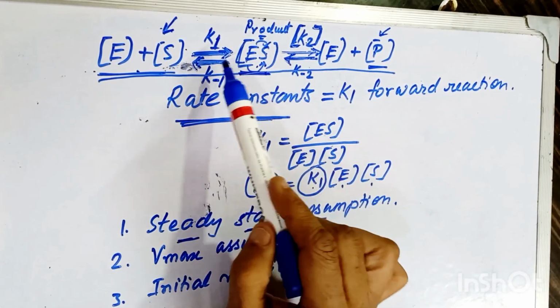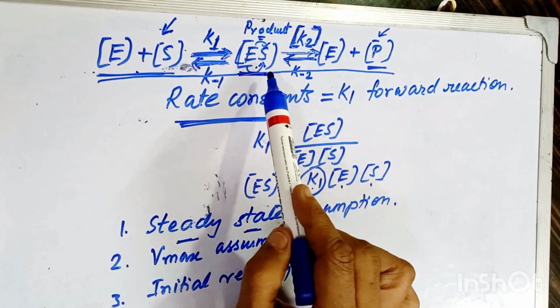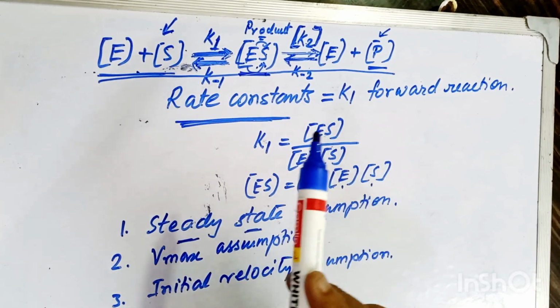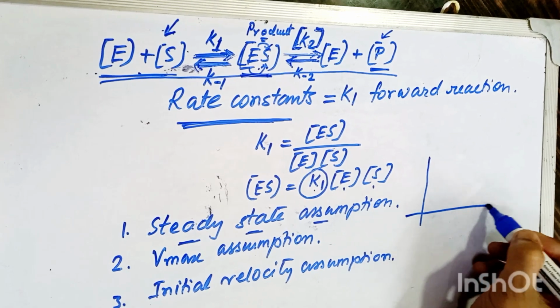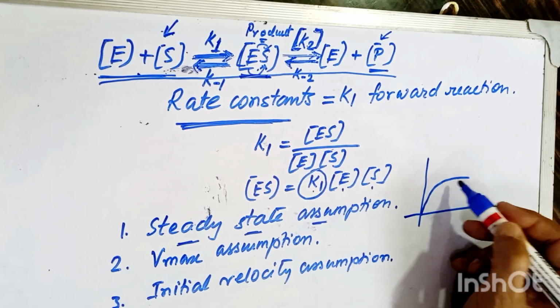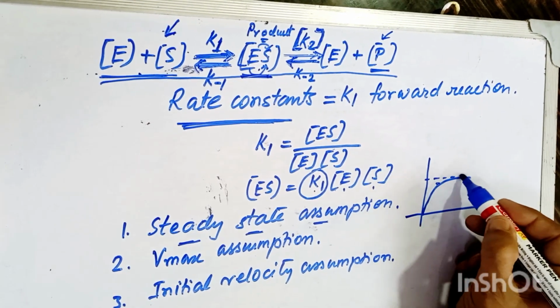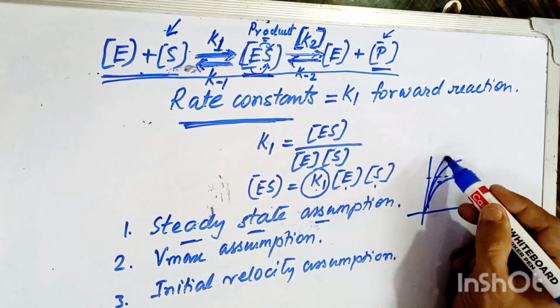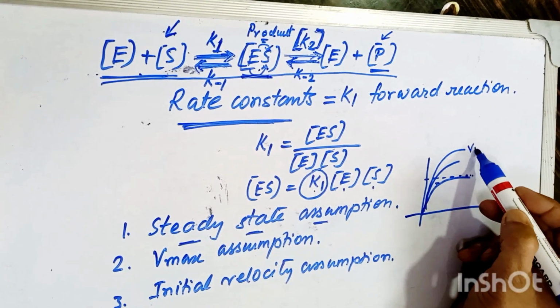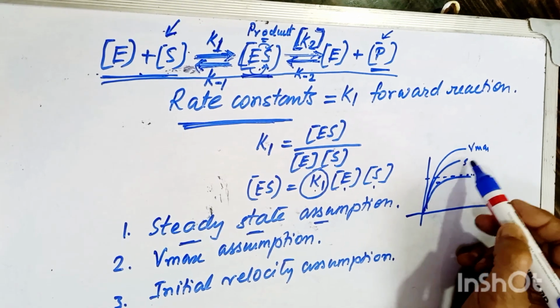These arrows balance each other, that means steady state. So what is steady state? This part of the figure is a steady state. So these are different steady states. If this is a maximal steady state, Vmax, there are submaximal steady states also.